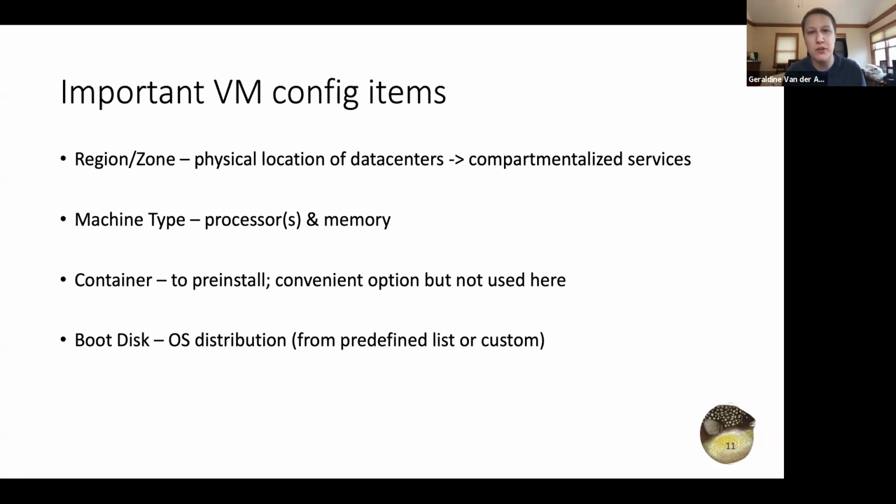In the book, we choose some basic ones, but you can experiment and see what you need. You have the possibility of installing a container on the VM up front. We didn't use it because we intentionally want you to go through the steps of getting a container and setting things up, because it's a good skill to have, but there are some shortcuts that you can take in the future.